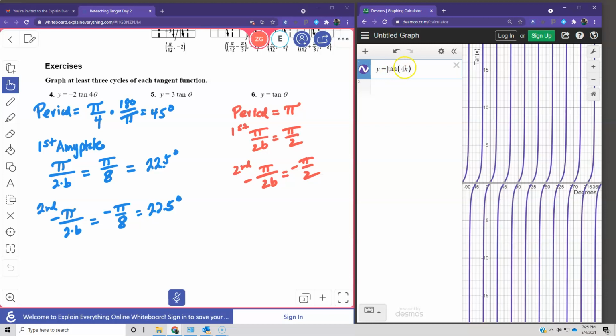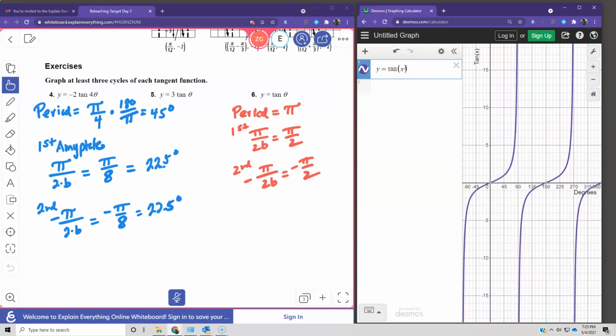So here is tangent of x. What I'm going to do is set the first asymptote at x equals negative 90. And then the next asymptote at x equals 90.